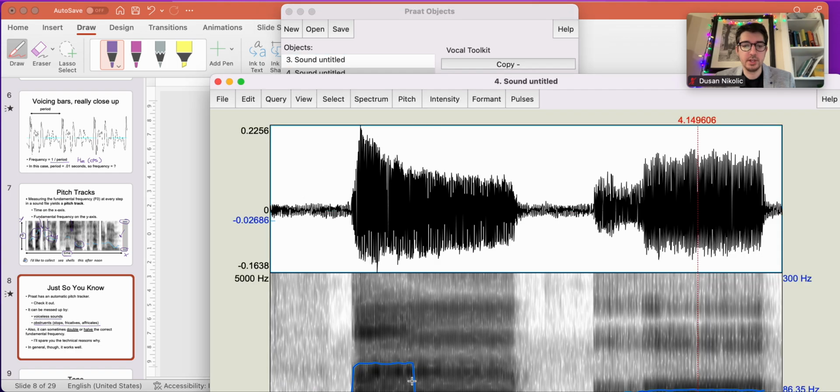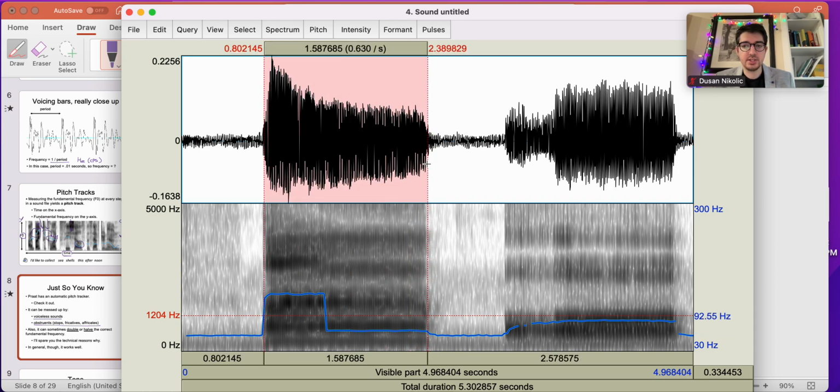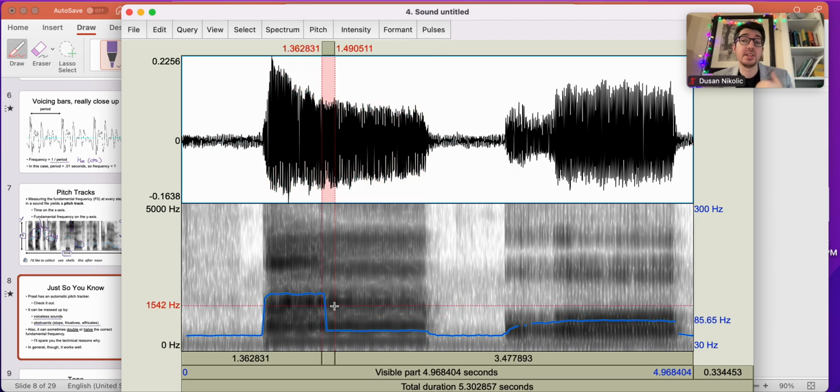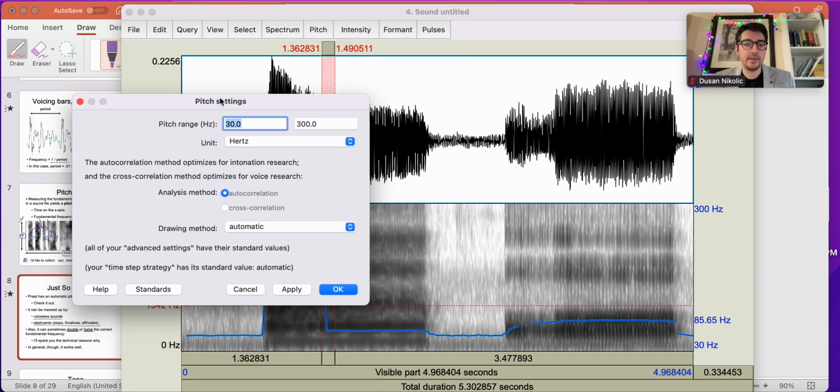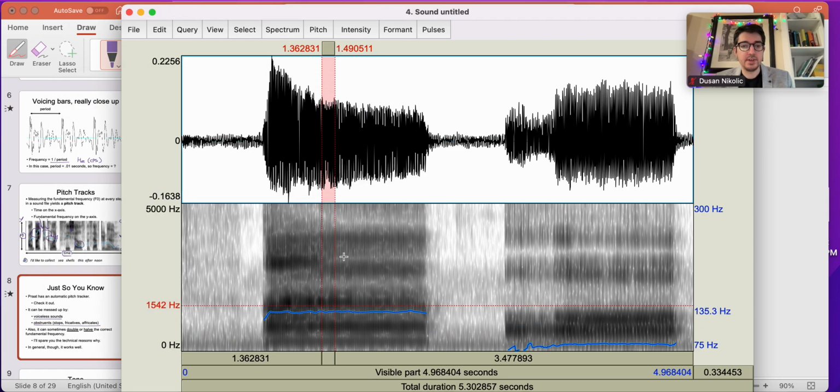Let me try with this one. Okay, here, yeah, nice. And if you see this in a sound which is quite steady, with no change in voicing so much, and something is not good, then something is wrong with Praat, and it's likely that you have wrong settings on it. So let's say 75 again. Okay, this works, right?